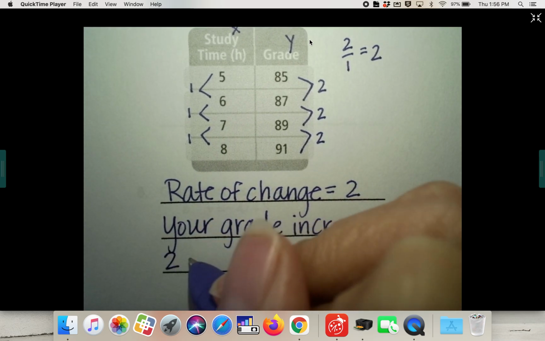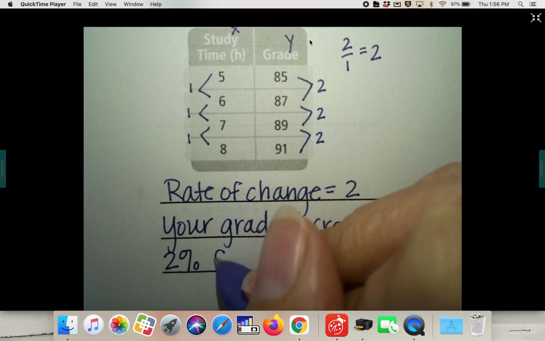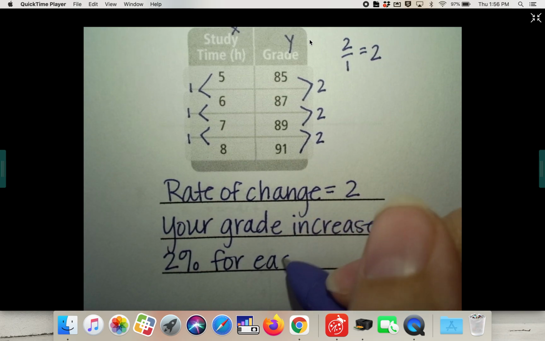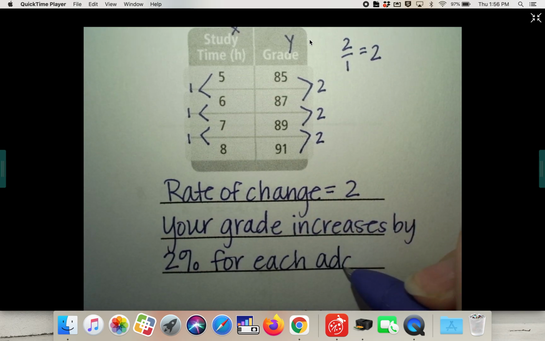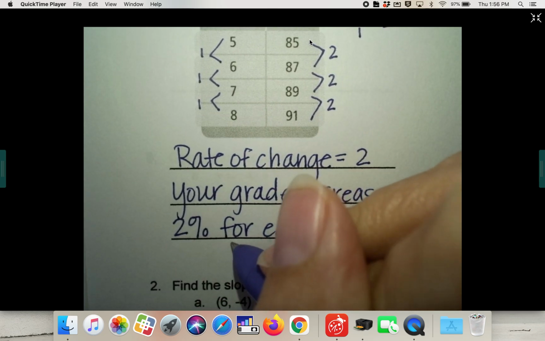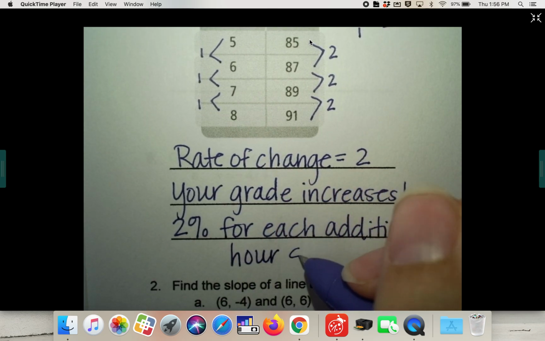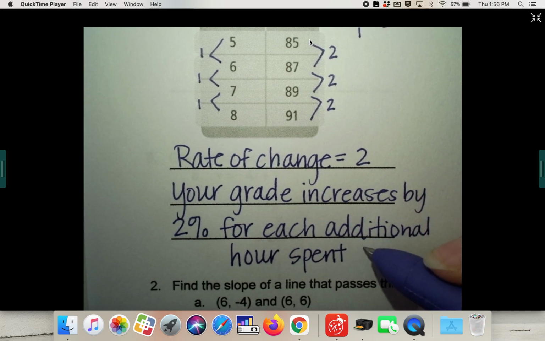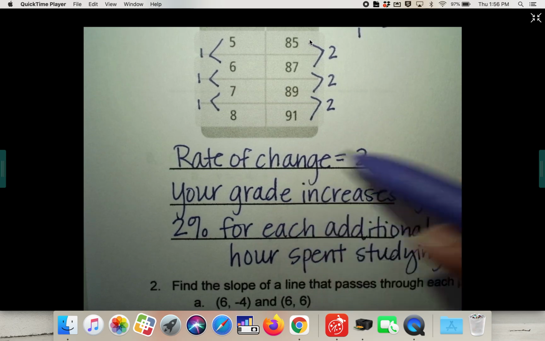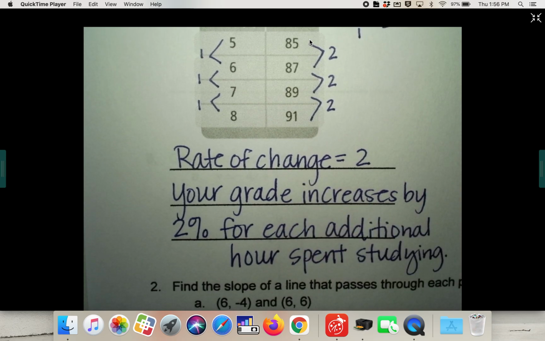So by 2 or by 2% for each hour, each additional hour. How about that? Each additional hour you spent studying. All right, so wording it any way that's similar to that is fine.